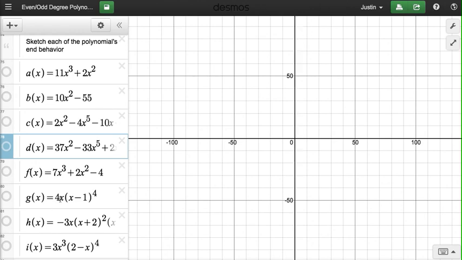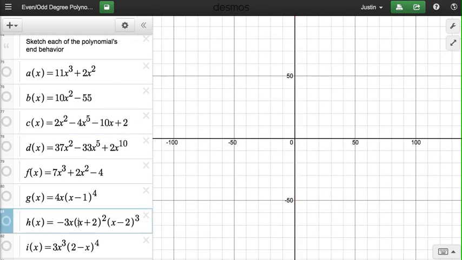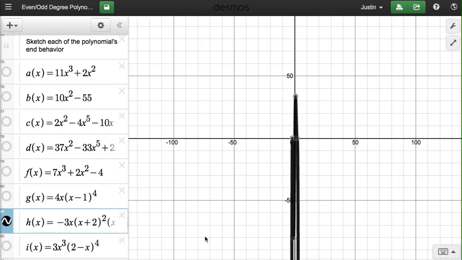G of x is degree 5, and 4 is positive, so it's a positive odd degree, so the arrows go here and here. H is degree 3, 4, 5, 6. It's an even degree with a negative leading coefficient. So the arrows go, and it looks weird, I know, but the arrows go here and here. So the basic shape is just like this.